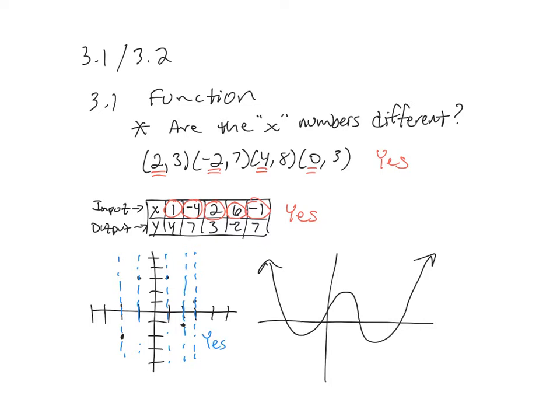Okay, and so it's kind of the same thing here, just everything's connected. Every time I draw a vertical line, as long as I only touch the graph one time, that means I've touched one point. So all of these are different versions of yes.